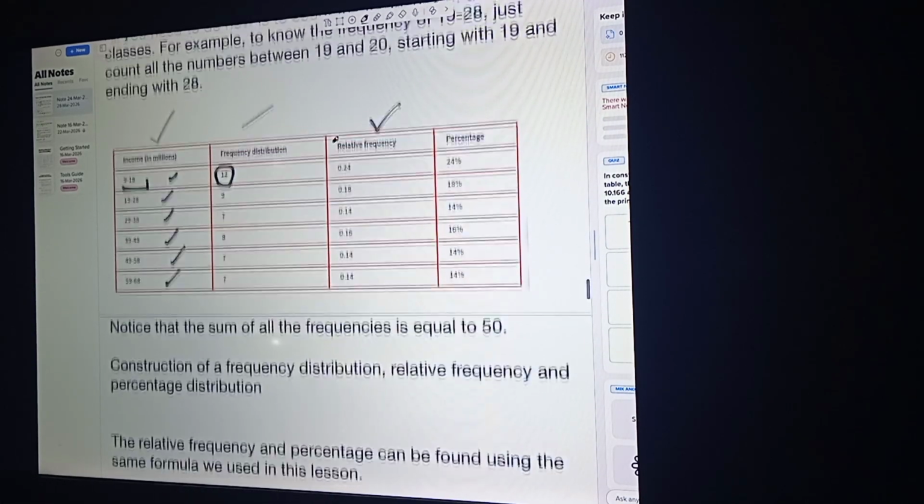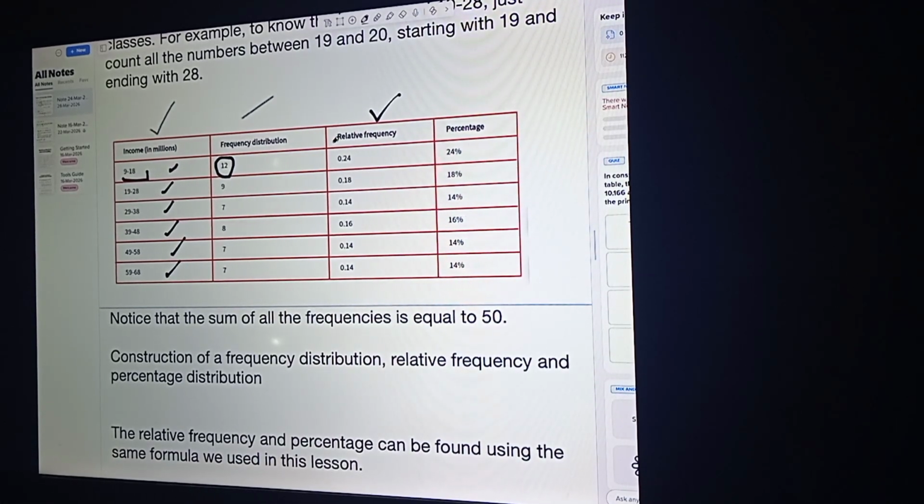Now you can construct a relative frequency. Relative frequency tells you about a particular class interval. So 12 divided by the total. The total of this frequency column is 50, because we have 50 individuals. So 12 divided by 50 gives you 0.24, and when you multiply by 100, it gives you 24%.